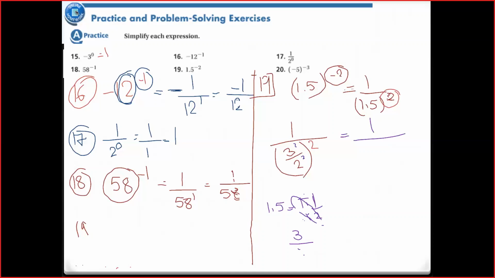So it will be 3 over 2. Now, 3 over 2 to the power 2, this 2 will be distributed here and here.